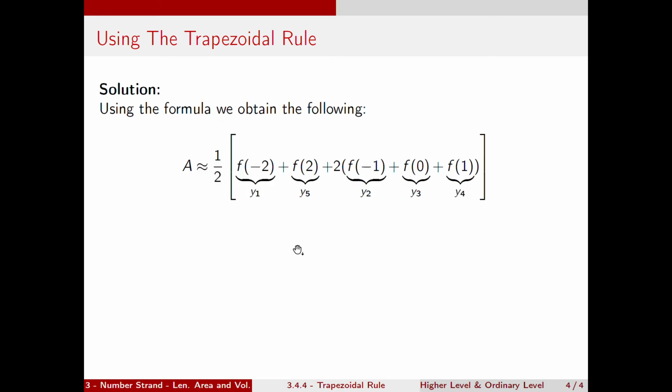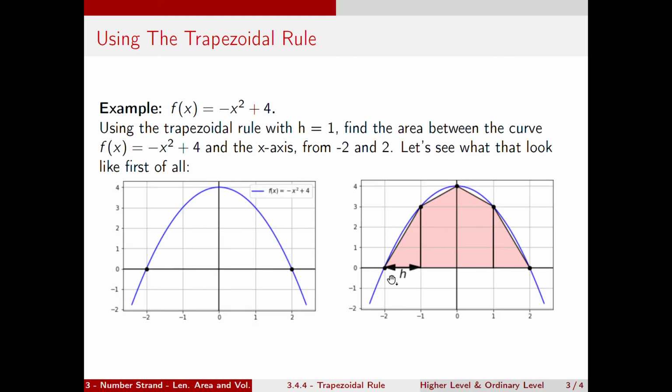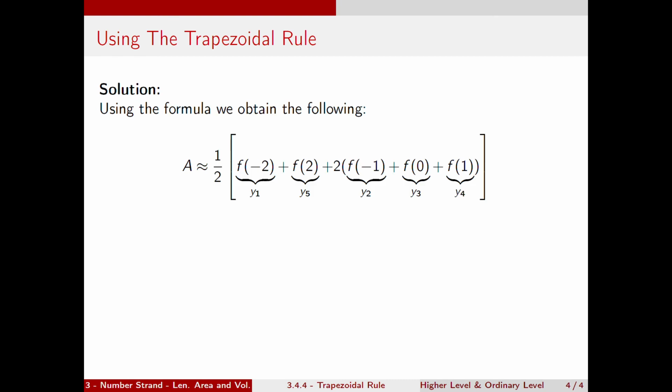So using the formula, we obtain the following. h over 2 becomes for us 1 over 2 as h is equal to 1. y1 is now f of minus 2. The reason being is that is the height when x is equal to minus 2. y5 is equal to f of 2.